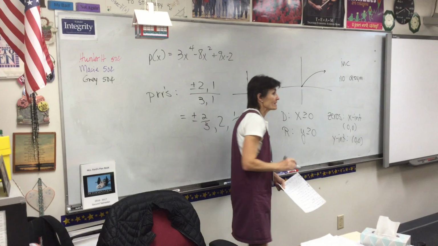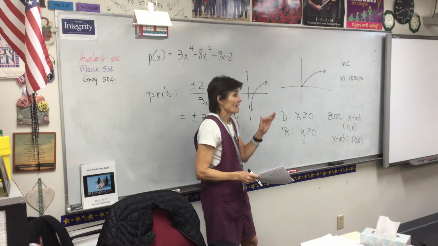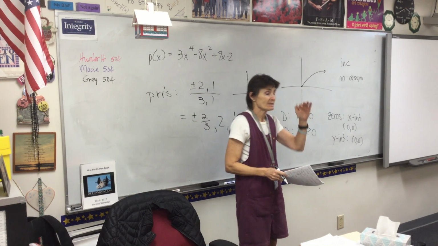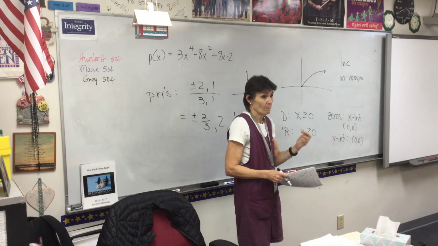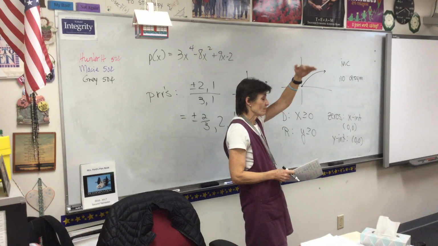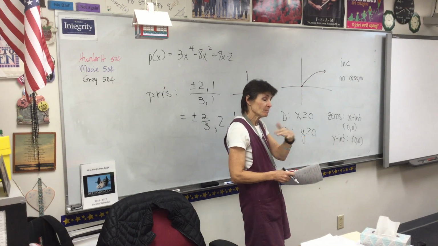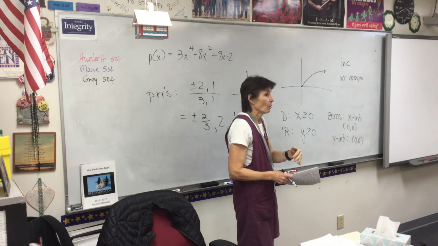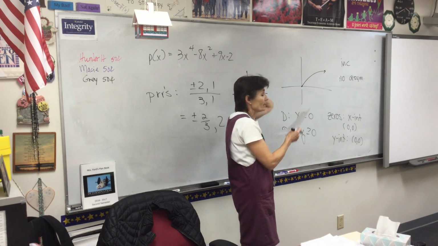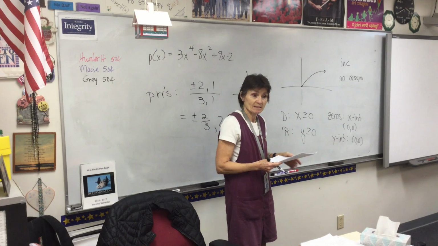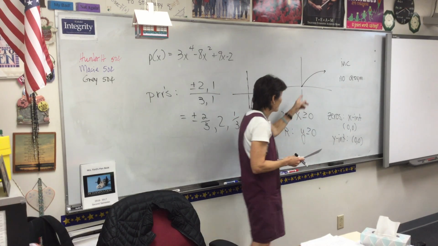Would you say that is bounded in any way? Now remember, bounded means it has a ceiling or a floor or both. So you can be bounded above if you have a ceiling, you can be bounded below if you have a floor, or you can be bounded if you have both. Does this have a ceiling or a floor? Definitely has a floor, right? It doesn't go past this.